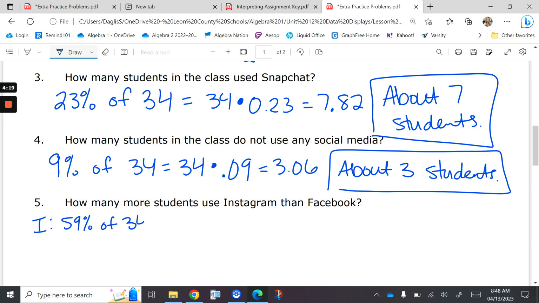And how many used Facebook? 6. So how do we set up Instagram? 34 times 0.59. There you go. Good. And how are we going to find Facebook? 0.06.